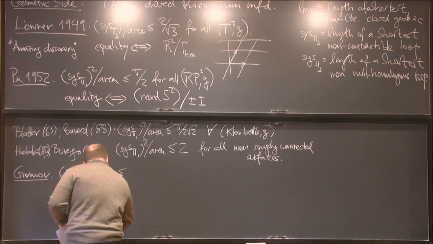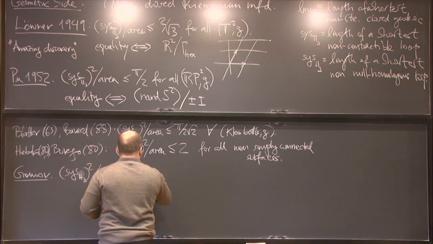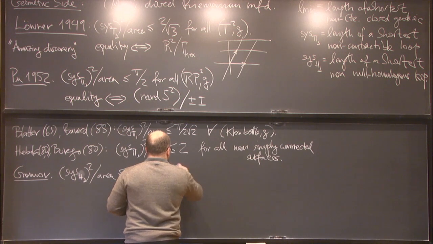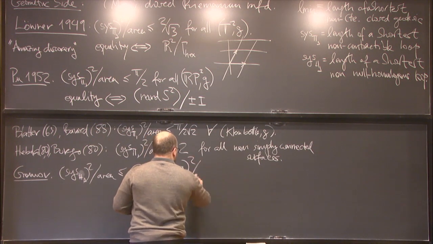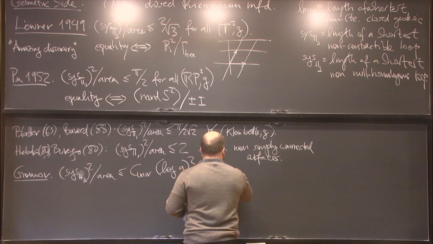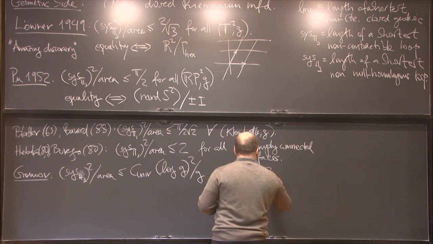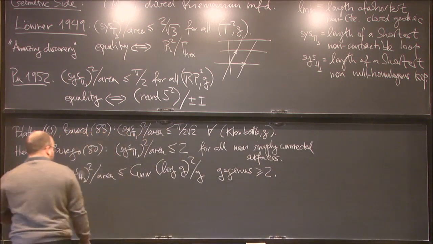Here one finds a universal constant times log of the genus squared divided by G. So asymptotically this is sharp.